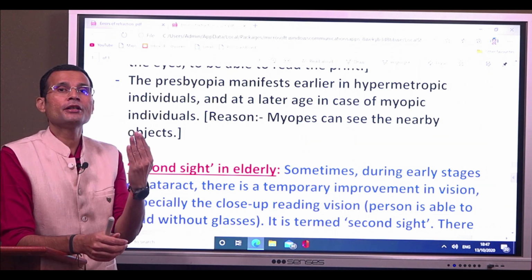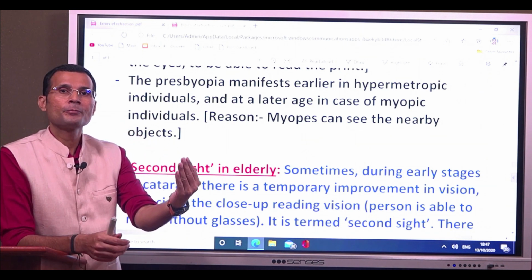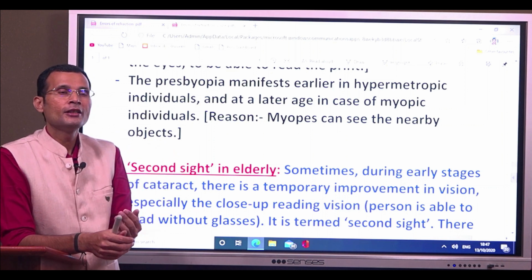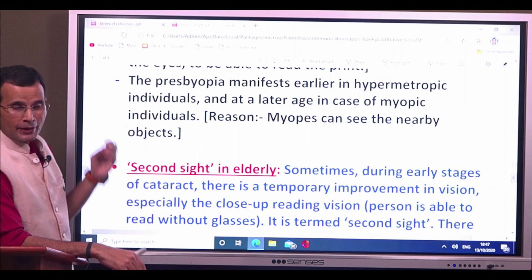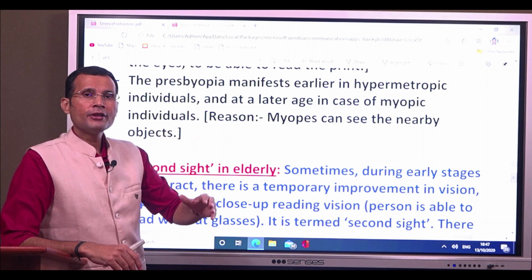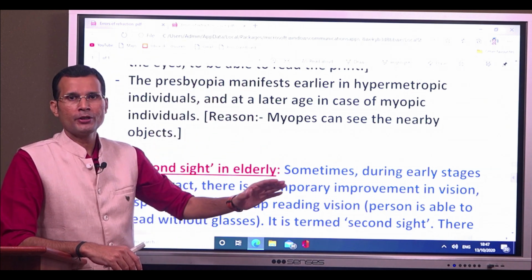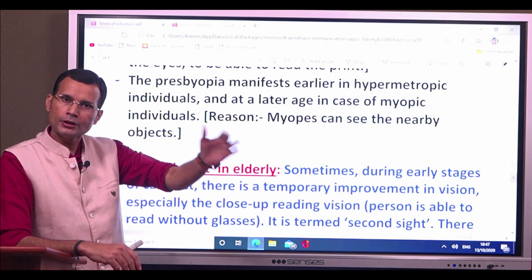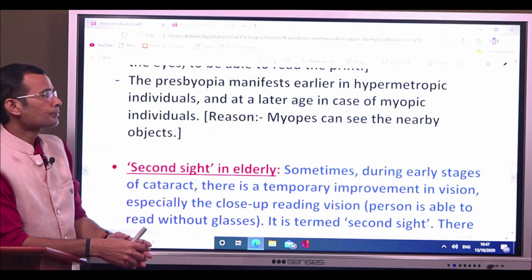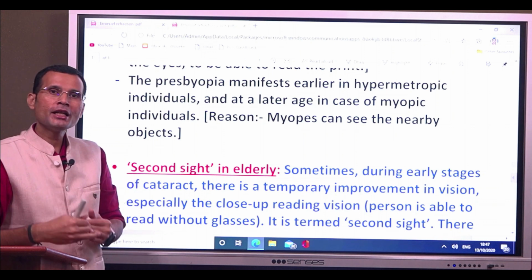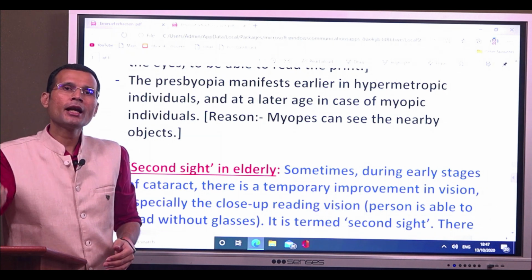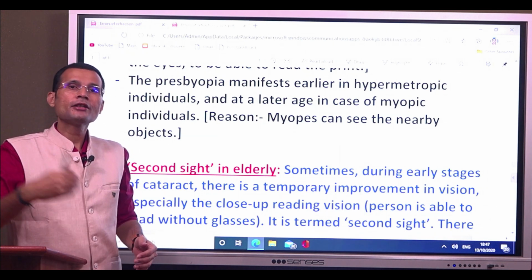The near point is going away from the eye. Near objects cannot be seen clearly. So the presbyopia will manifest at an earlier stage if the person was suffering from hypermetropia in his or her life. And in myopic individuals, it will appear at a later age or later stage in life.